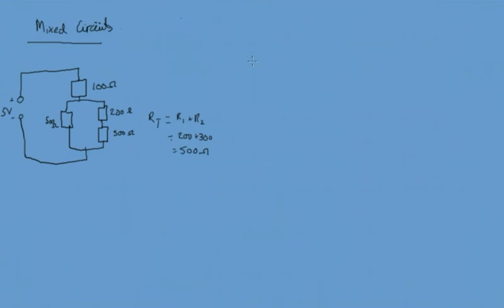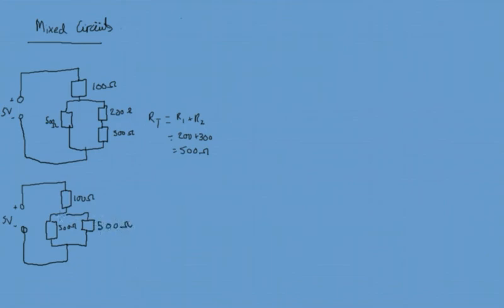Now let's redraw this. There's going to be lots of redrawing, I'm afraid. There's our 100 ohm. Here's our 500 ohm. And now we've got another resistor here. So this arm has a resistance of 500 ohms.